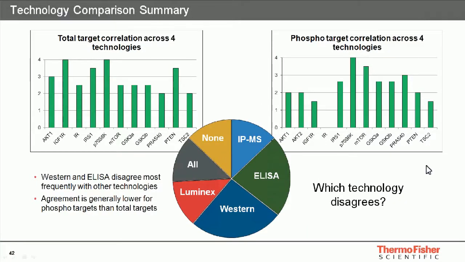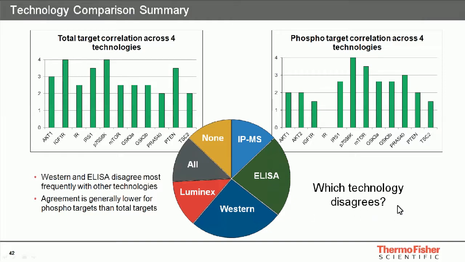So if we look at the comparison of results across all techniques for both total and phospho assays, the way we are correlating them is, for the total assay, across 4 techniques. If all 4 agree, then we give a score of 4. If 1 out of 4 techniques doesn't agree, we give a 3. As you can see here, with the total assay, overall we get a very good correlation.